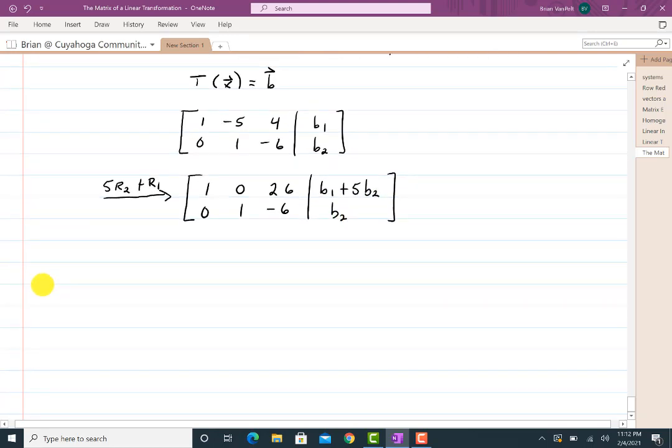Now it's easy to see that I'm going to have a solution. Actually, I didn't even need to. Perhaps I will use this as an instructive method. I didn't need this.